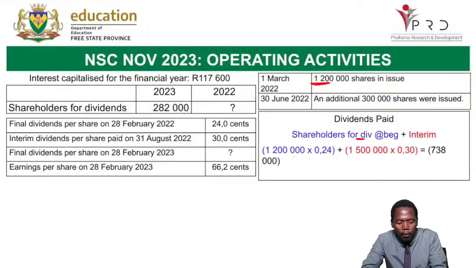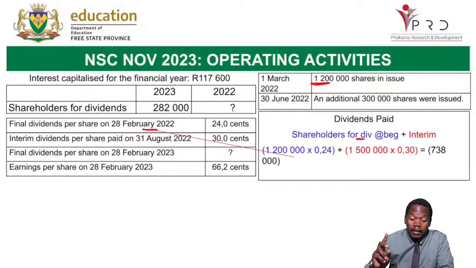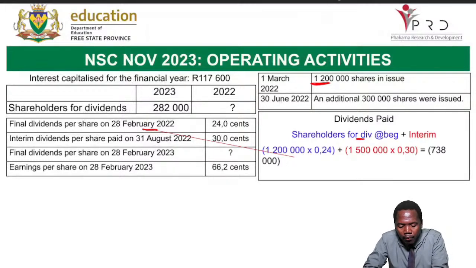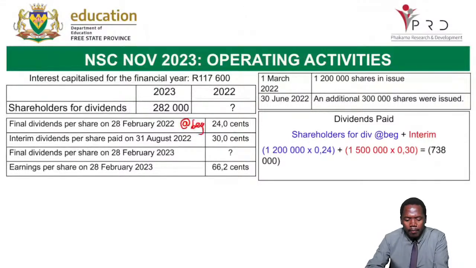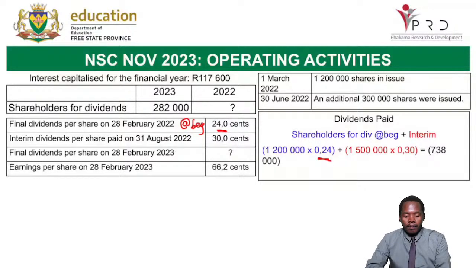So I would say 1,200,000 times the final dividends at the beginning from last year. The closing from last year becomes the beginning for this year. So my 24 cents is written as 0.24. Plus my closing now.